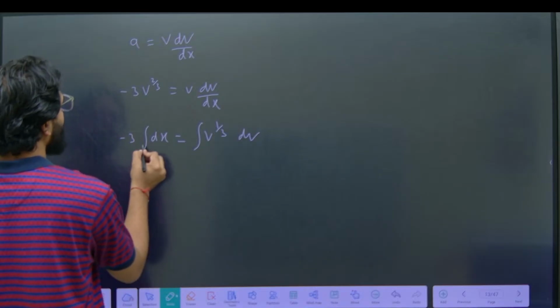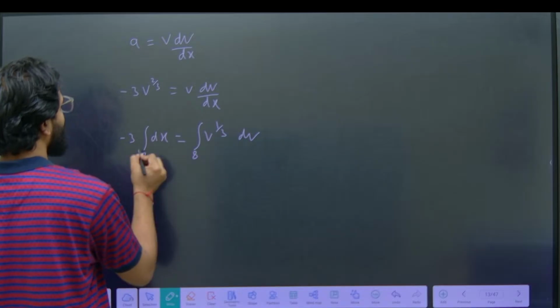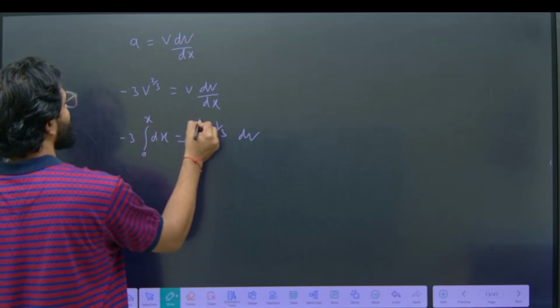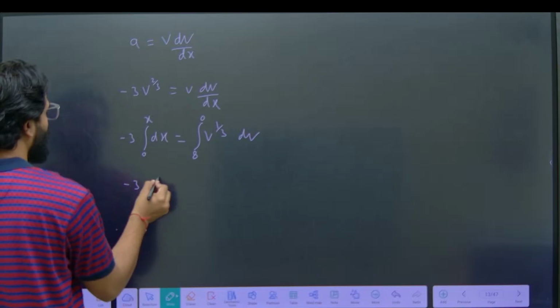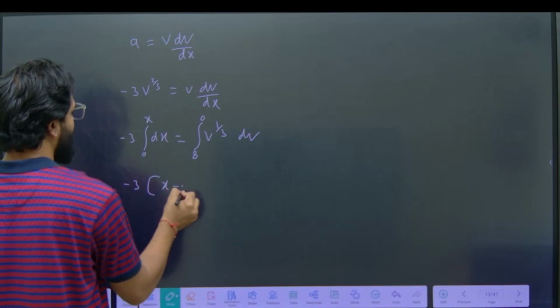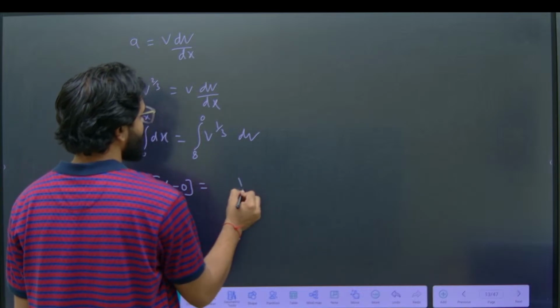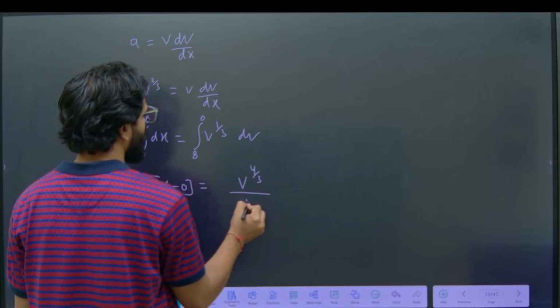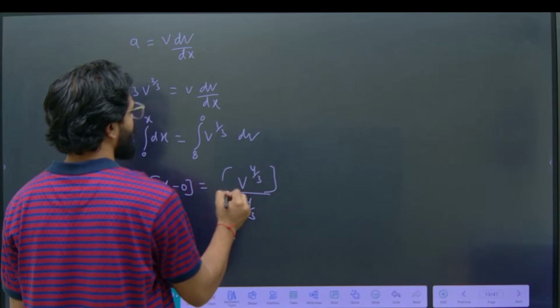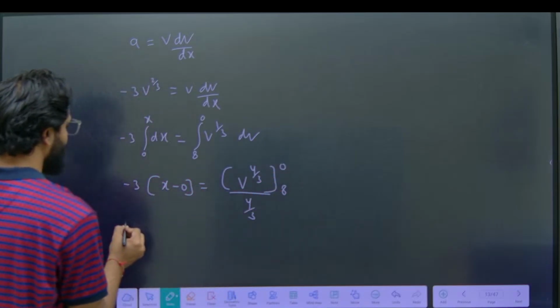So at x equals 0, what was your velocity? 8. At x equals x, what is your velocity? 0. So x minus 0 equals to what? So integration of this will be clearly, from where to where? 8 to 0. Put the values.